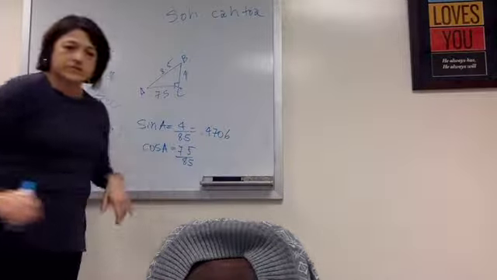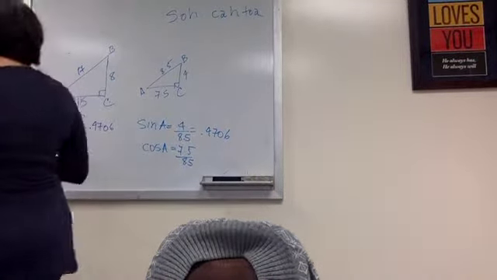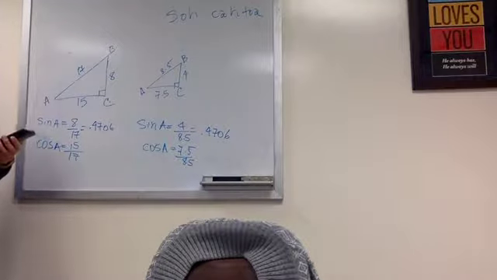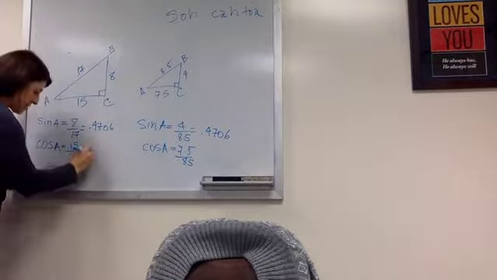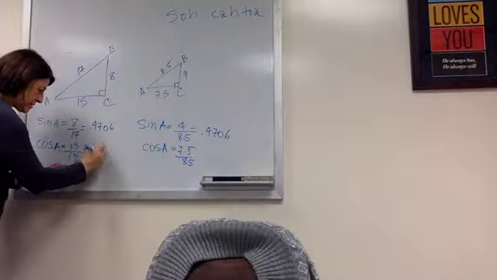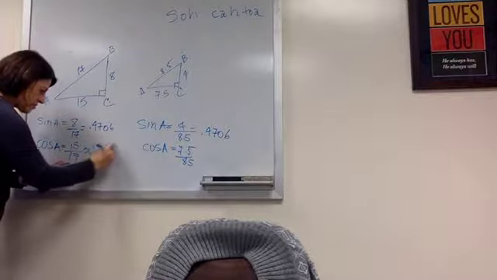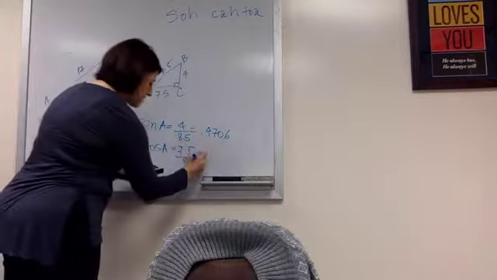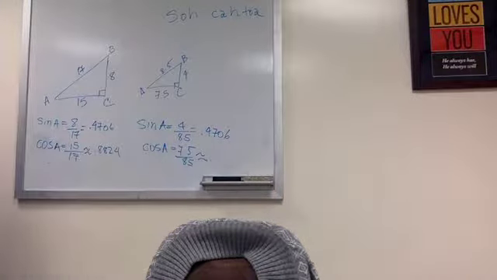Okay, calculators out. What's 15 divided by 17? That's right around 0.8824. And what about this one? 7.5 divided by 8.5.